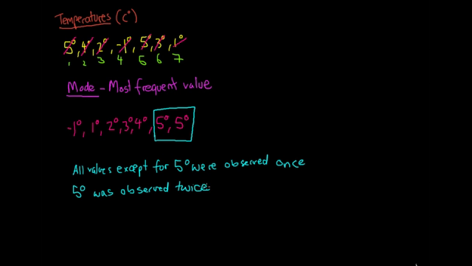So what this means is that the number 5 was our most frequent value because it occurred twice, whereas all of the other observations were only observed once. So for this data set, the value of 5 degrees Celsius will be equal to our most frequent value.